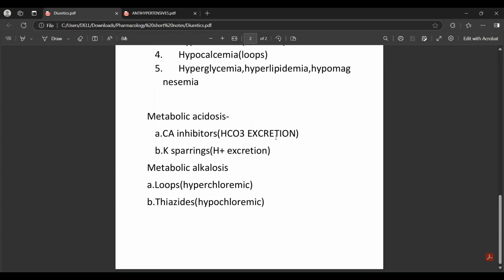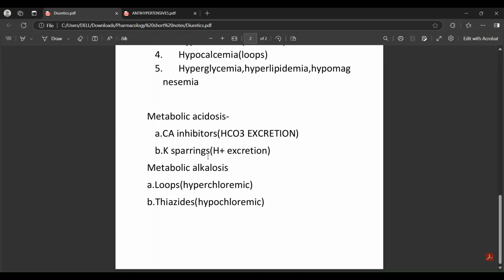Due to increased bicarbonate excretion, metabolic acidosis will be caused by carbonic anhydrase inhibitors, because they cause more bicarbonate excretion, and H plus will accumulate in the blood, and H plus is neutralized by bicarbonate. So no bicarbonate means H plus will increase, so acidosis will occur.